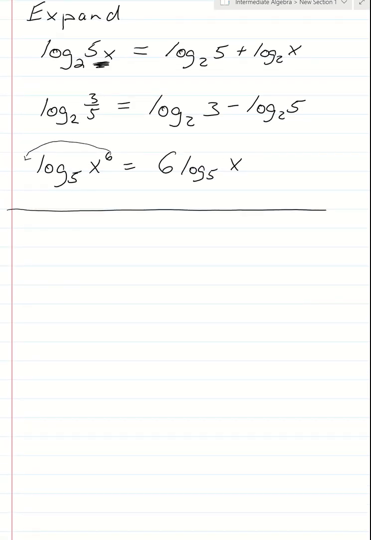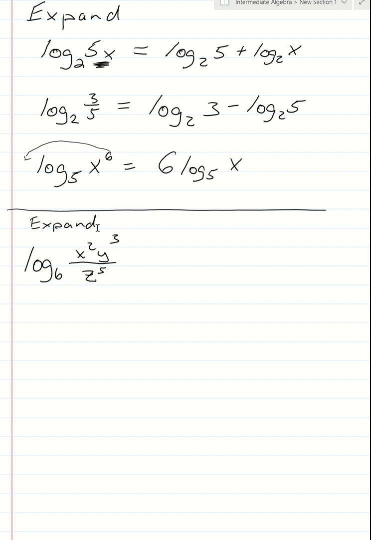Let's say we had the log base 6 of x squared y to the third divided by z to the fifth. And once again, we want to expand this logarithmic expression as much as possible.